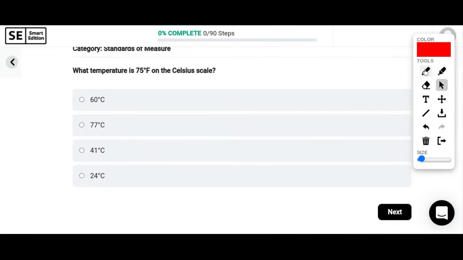Another conversion here. What temperature is 75 degrees Fahrenheit on the Celsius scale? So to go from Fahrenheit to Celsius, we need to know this conversion. Celsius is equal to 5/9 times whatever your temperature is in Fahrenheit minus 32. So this is what we need to know in order to solve this question.